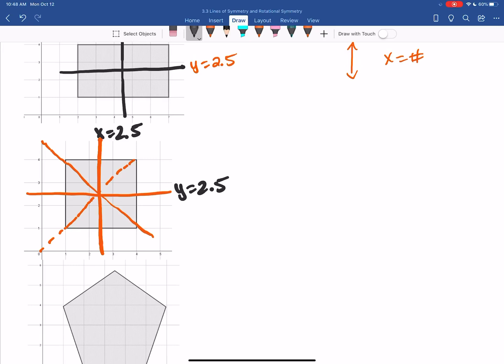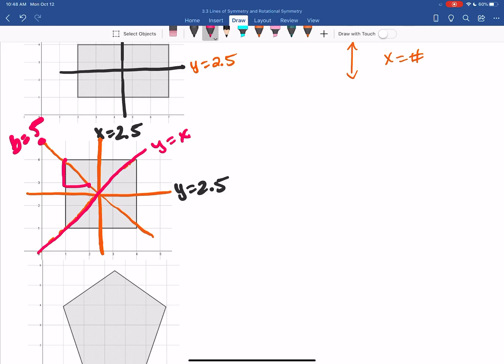And then for our diagonals, it's a little bit trickier because we have to actually calculate the slope. For this upward slanting one, notice we've seen this line before, so that should be y equals x. And then we've seen this other line before, but it's a little bit different in this case because our slope is negative 1 over 1, but this time the b value is going to be 5.